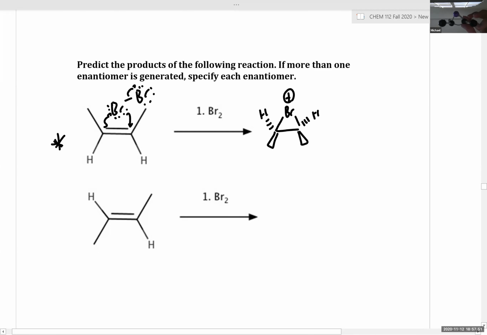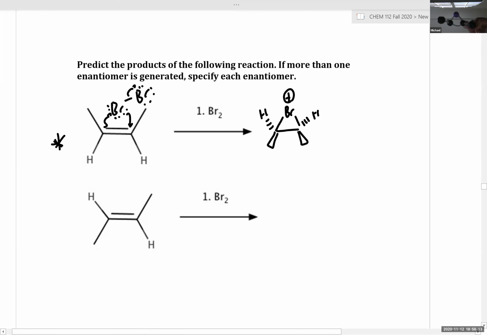Okay, so now what we're going to do is attack this bromonium ion. Thankfully, both of our carbons are equally hindered. They have the same substitution, so we can attack at either of them. They're identical in terms of substitution.